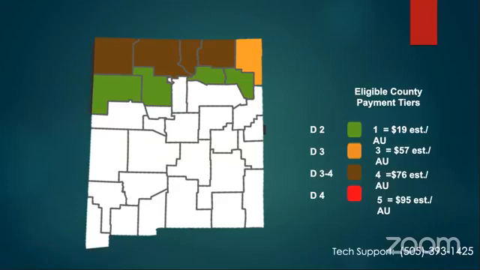The payment amount does fluctuate a little bit between cows and bulls, and then what we classify as non-adults, which would typically be our replacement heifers and steers. For this program, we do not pay for any of your calves or any of your livestock that weighs less than 500 pounds. We do compensate for sheep if I've got any sheep folks out there.